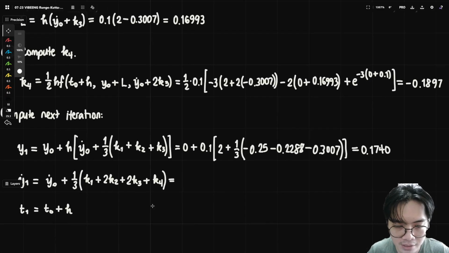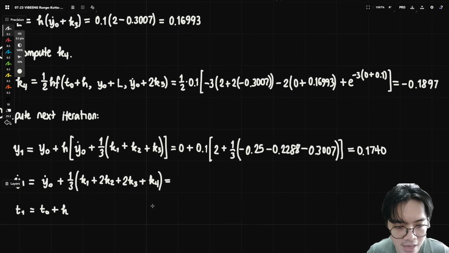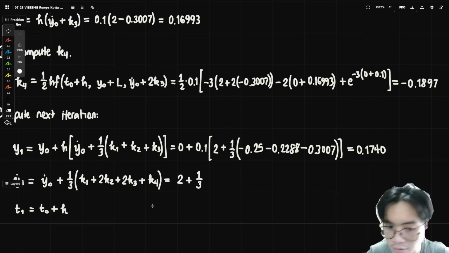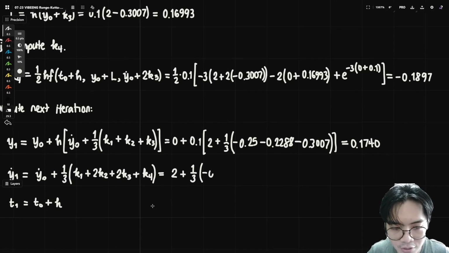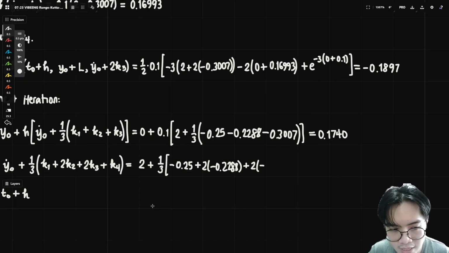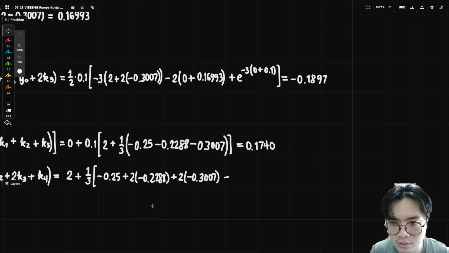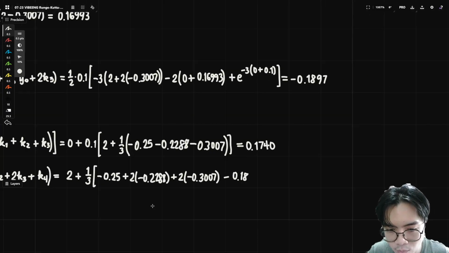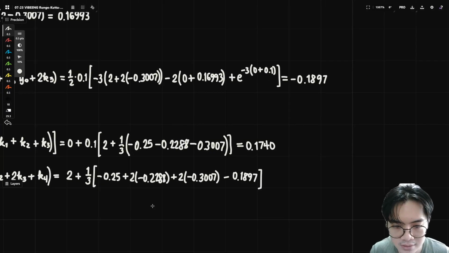And then our new value of y1 dot, itong bagong ating velocity, we will have 2 plus 1/3. Ano ba? 1/3 to pareho. Okay. Tama naman. 0.25. Let's make this again, square brackets. Plus 2 times 0.2288 plus 2 times negative 0.3007 and then minus itong ating K4, 0.1897.